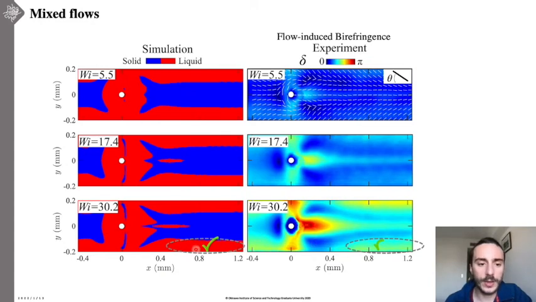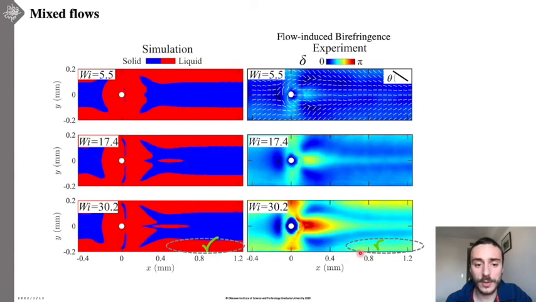We can make the comparison with the birefringence, and we see that in this region the high birefringence matches quite well with the area of yielded surfaces, so the surfaces that are in the liquid state.